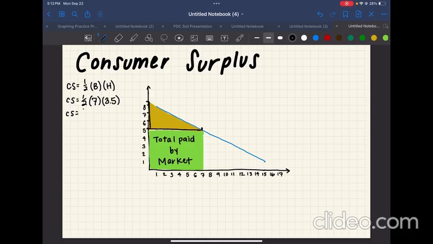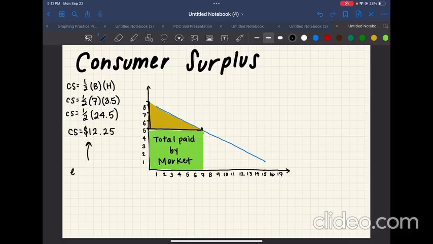and that means we have 1/2 of, let's see, what is that? 24.5. So we end up with a consumer surplus of $12.25. That's our consumer surplus.